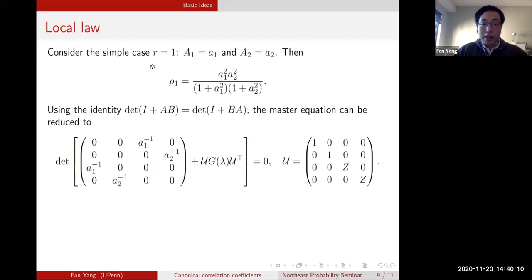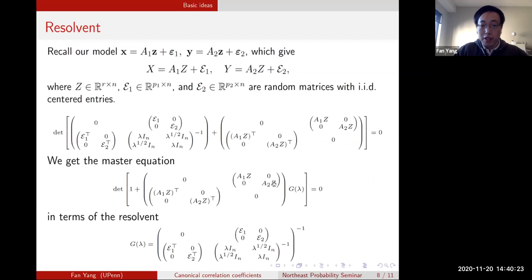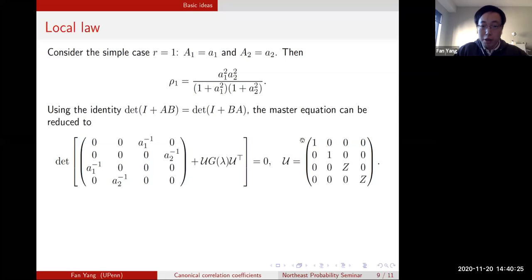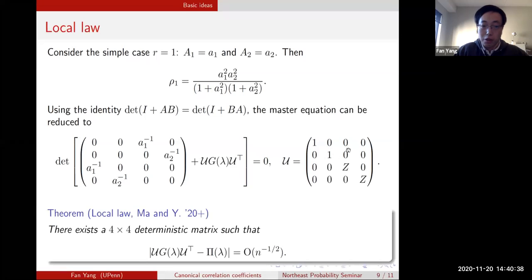Now, let's consider a simple case with only one signal. In this case, A1 and A2 are just two scalars, and there is only one non-trivial canonical correlation coefficient given by rho 1. Then this master equation can be written as an even simpler master equation, which is a determinant of a 4x4 matrix. It depends on this matrix U times G(lambda) times U transpose, and U is just this matrix.